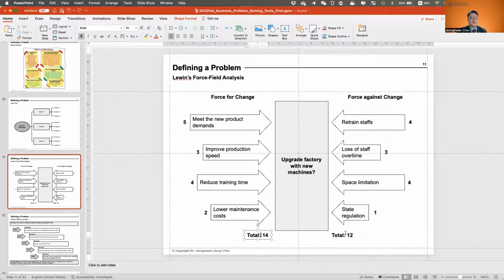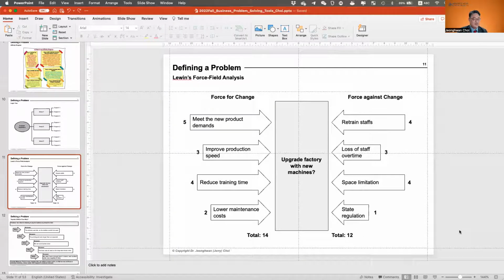Total 14, total 12. Then, what is your choice? In this case, I'd better go. I'd better buy a robot and try to replace the people with my new automation system.